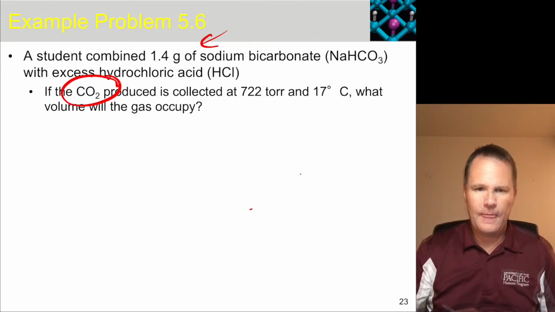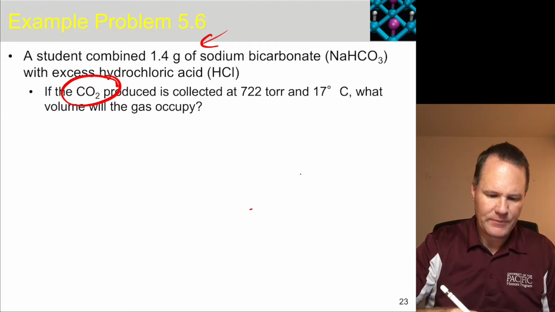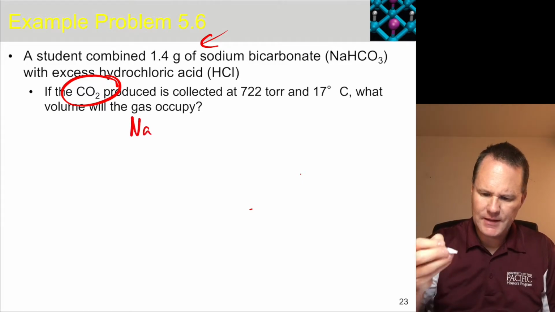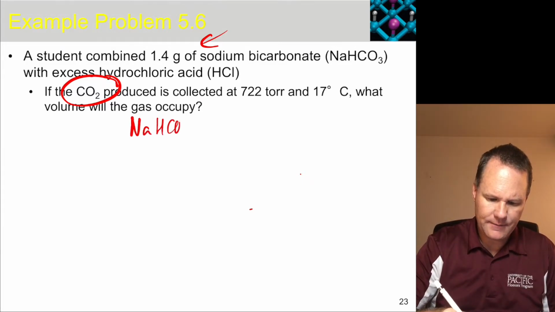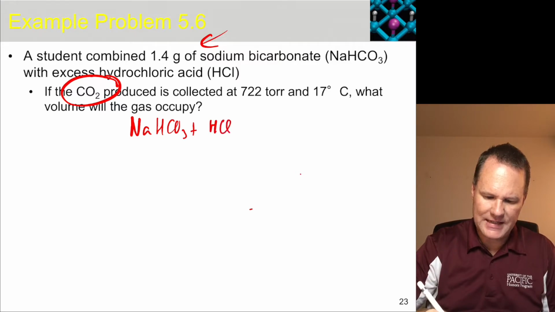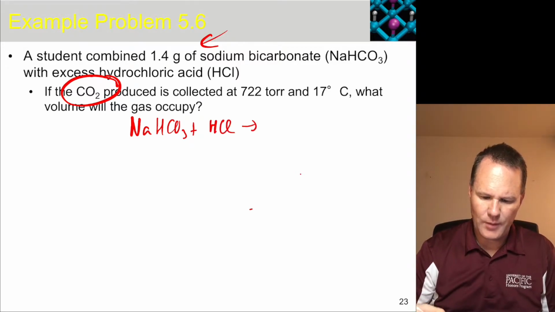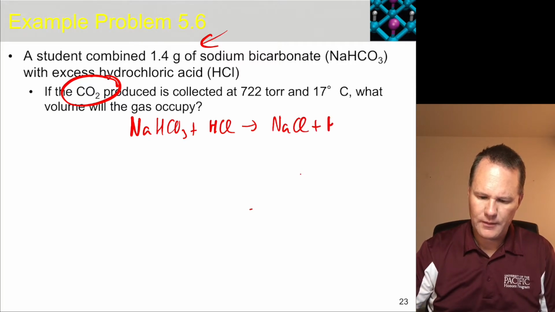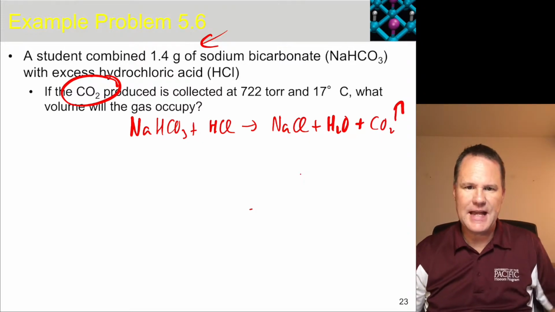So how can we do this problem? Well, first of all, of course, we need an equation, so let's not forget about that. The reaction is sodium bicarbonate reacting with HCl, forming sodium chloride, water, and the CO2, and the CO2 is the gas, and that's what we're looking for.